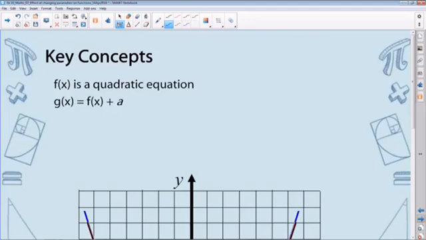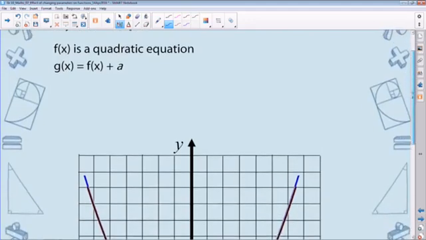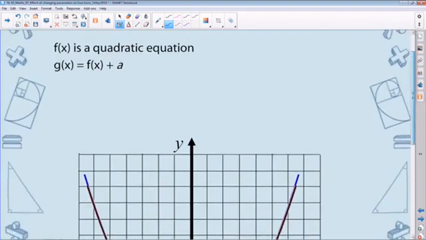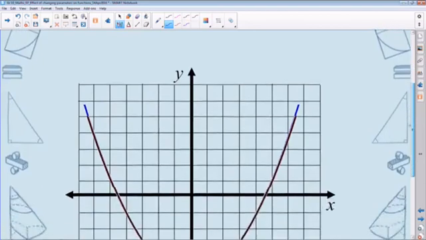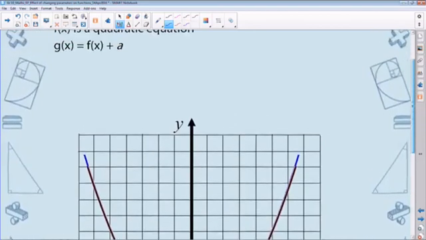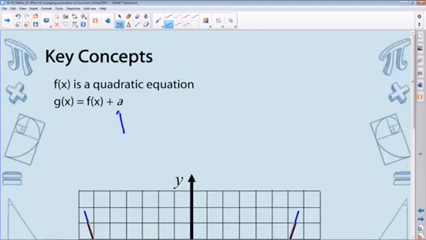now let us start with this one. You've got your f of x, which is a quadratic function, all right, and we normally call it a parabola. Now what we are doing here is, you've got a g of x equals f of x plus a, all right? Now, we're saying plus a, any constant, okay?